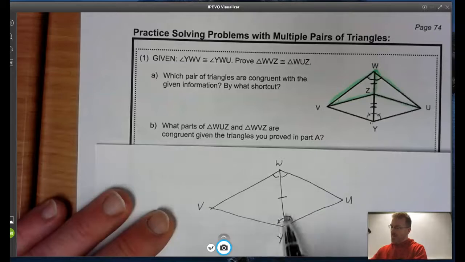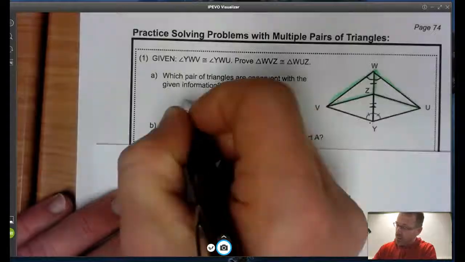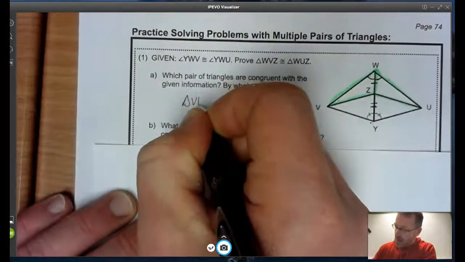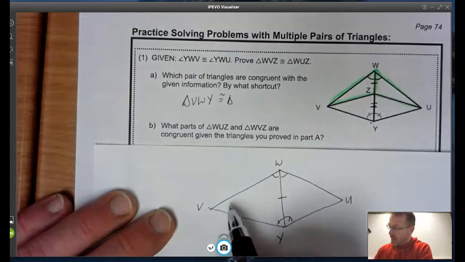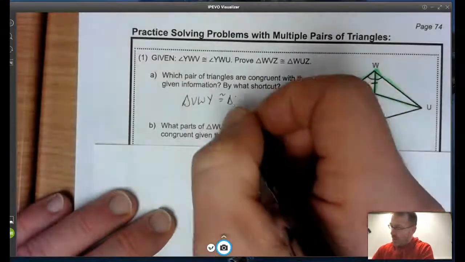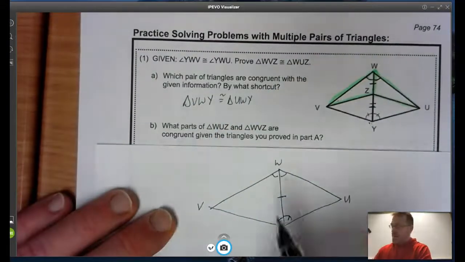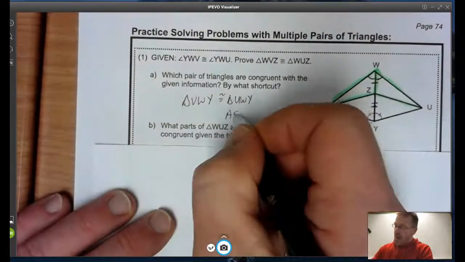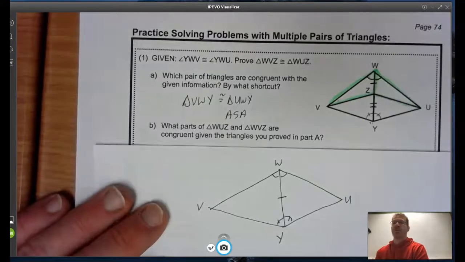So when I look at the very big picture, I can see that the larger triangles are congruent to each other. Triangle VWY is congruent to triangle UWY, by angle, side, angle. So I can get those very big triangles congruent.